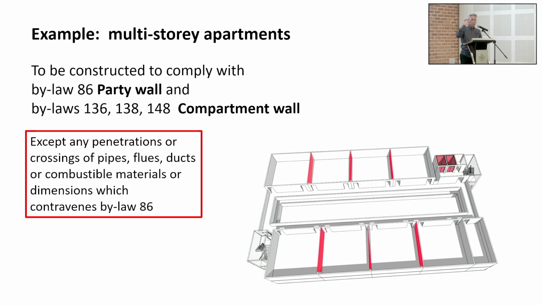So again, the same thing. It will be constructed as a party wall physically, and in terms of the fire rated integrity, you have to construct it as a compartment wall. So again, the party wall will override the compartment wall detailing of having penetrations and all that going through.